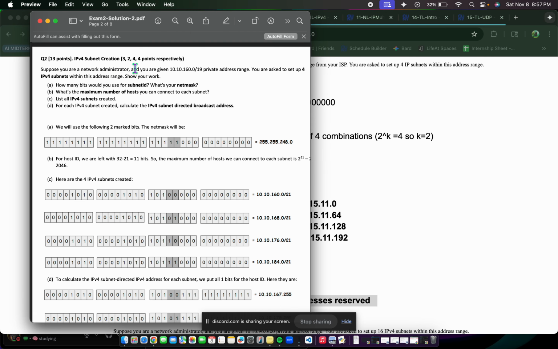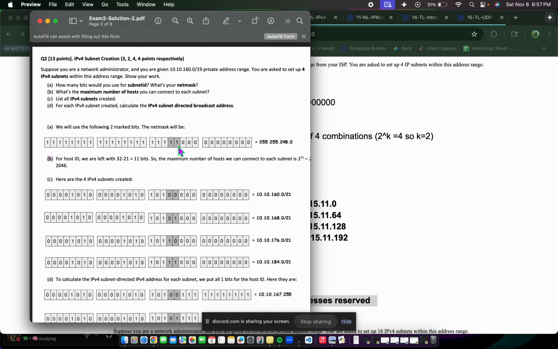So again, we have 10, 10, 160, 0, /19. So our first 19 bits: 8, 16, 17, 18, 19. Up to this point we're the network boxes. Then we need to do the 4 subnets just like last time.